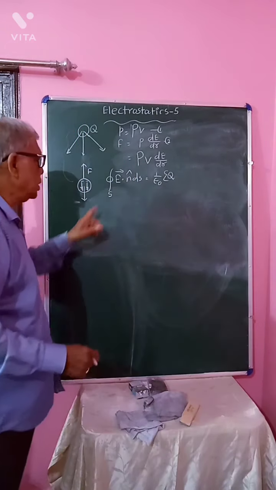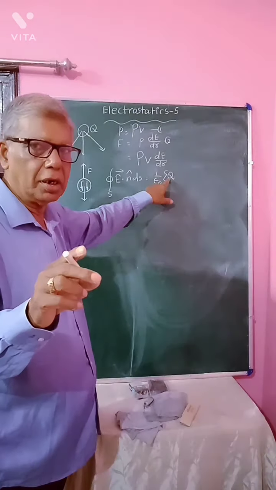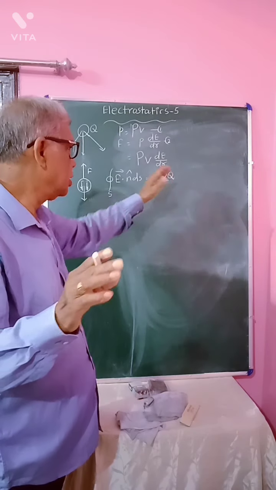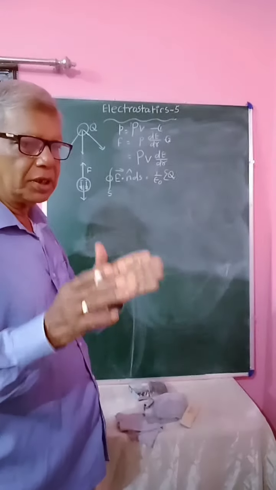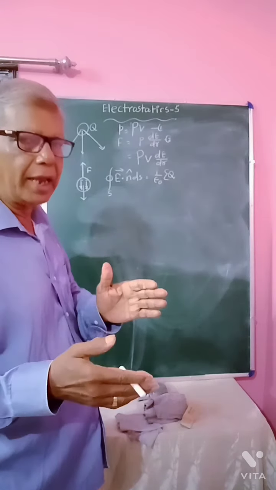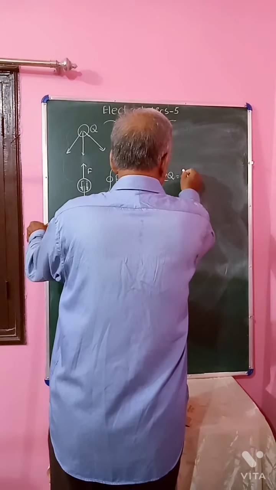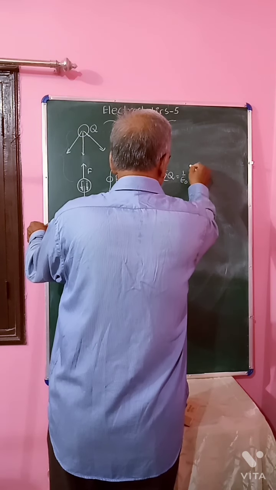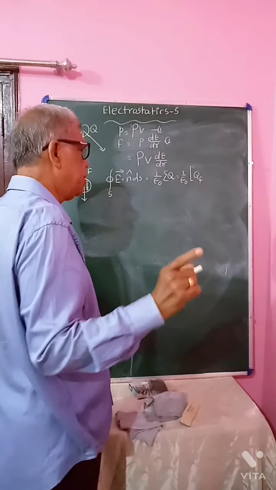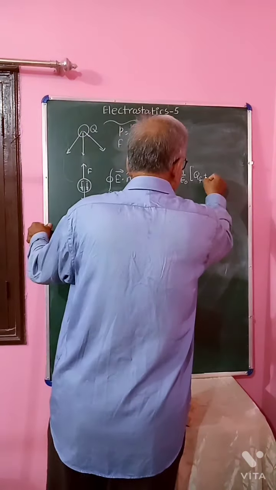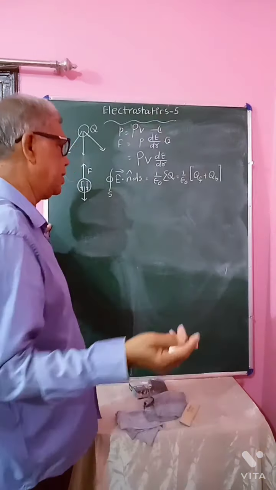Now, electric field relates to all the charges. All the charges means the free charges as well as bound charges. Bound charges means the charge that appears on the surface of the dielectric because of polarization. So let us write this is equal to 1 by epsilon 0 summation of QF, F for free charges, and QB for bound charges, that is due to polarization.